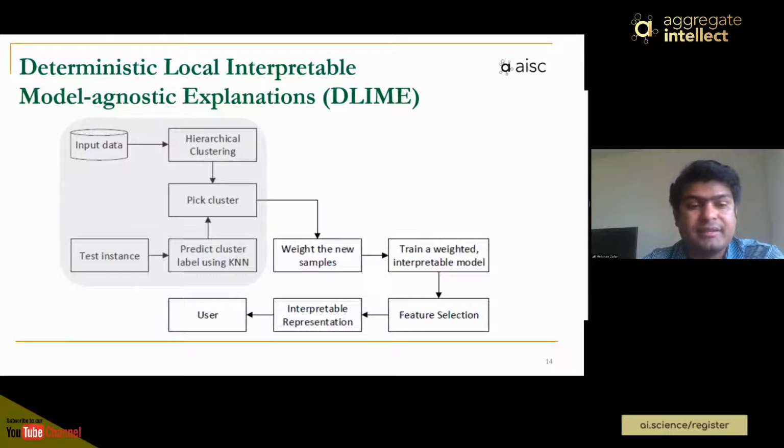Then we take one test instance, and we use KNN to predict the subspace of that data instance. Then we will use that subspace for further processing to get weights, to train the interpretable model, to get features. We will use those original data points based on those clusters.